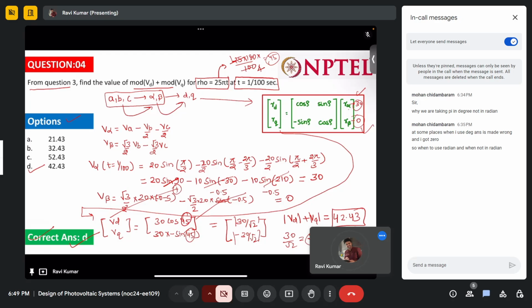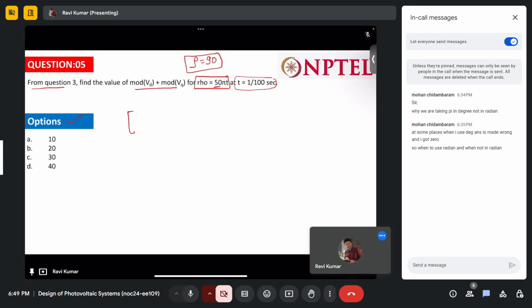So our VD and VQ will be like this: 30 cos 90 and negative 30 sine 90.